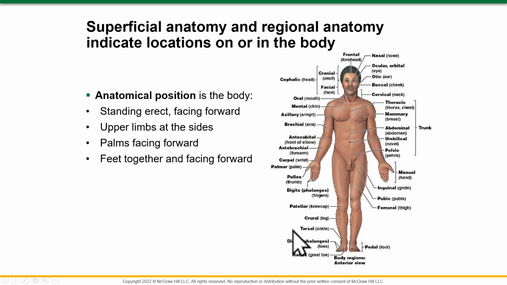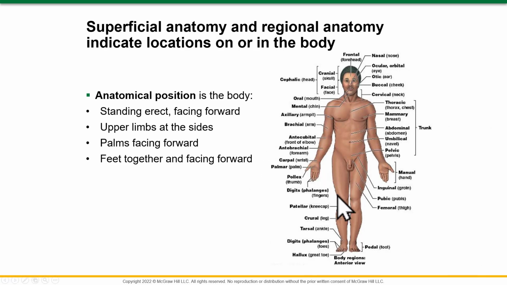But you need to know these. Some of these are going to be very familiar to you, like cephalic and cranial, oral, but you may not be so familiar with antecubital, for example. That's where your blood's drawn. Most people are pretty familiar with carpal tunnel syndrome, in the wrist, sorry.